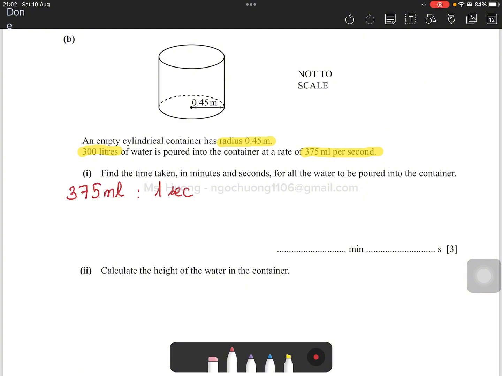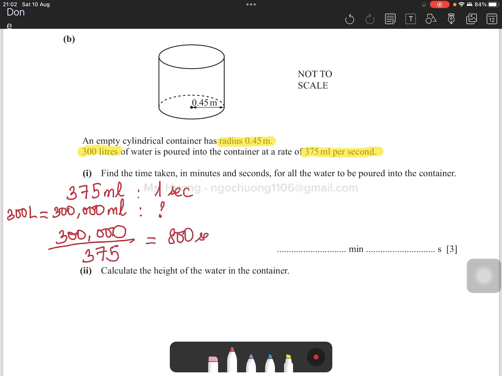So if we have 300 liters of water, we multiply 300 by 1000 to get the number of milliliters, is corresponding to how many minutes and seconds. So to do this, we will divide 300,000 by 375. And it is equal to 800 seconds.